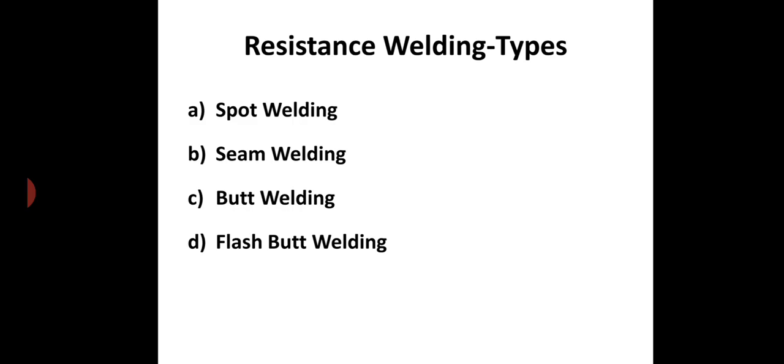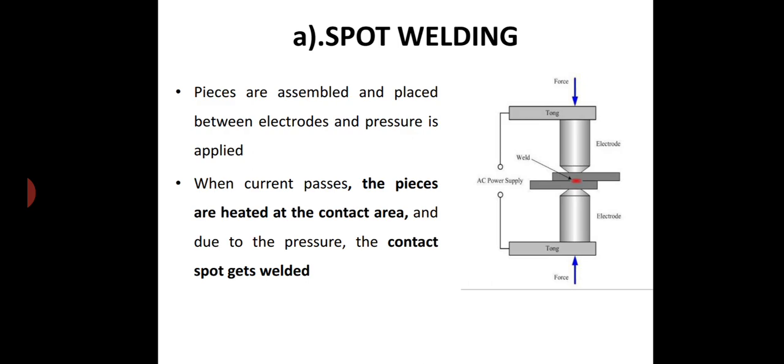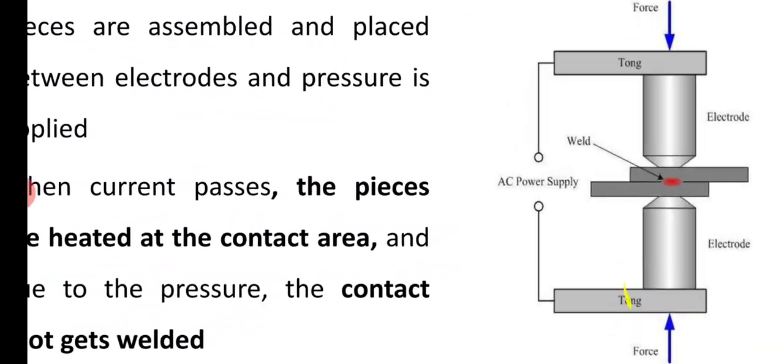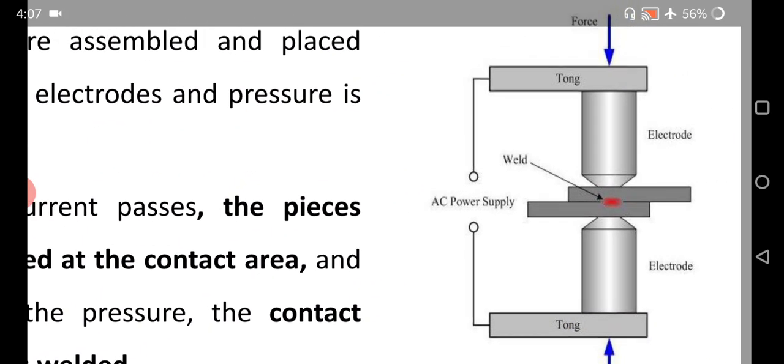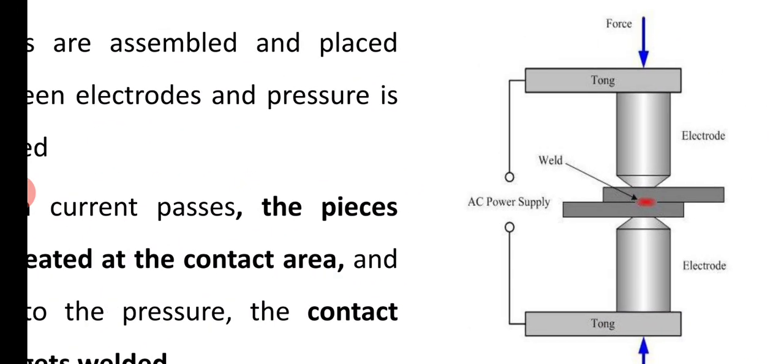These are the types of resistance welding based on the place where you are doing the welding: spot, seam, butt, and flash butt welding. This is spot welding, where you can see at the center the two workpieces kept one over the other, and the red one that you can see is the weld, and you have AC power supply electrodes.